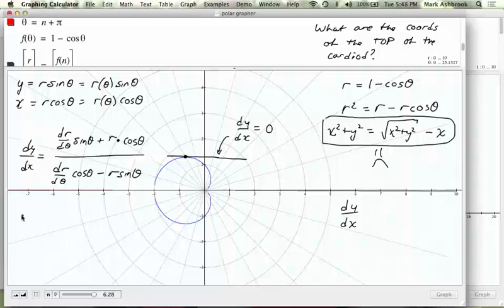Okay? So let's find dy dx. dy dx is going to be, in our case, dr d theta sine theta, right? It's the derivative of r with respect to theta.